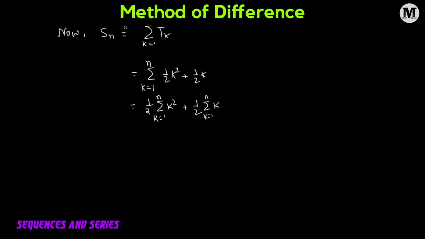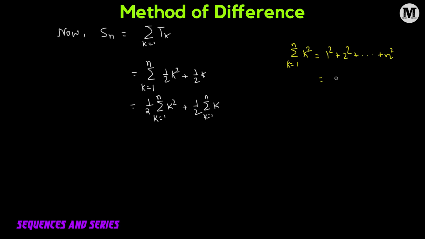Now these two sums, so we have summation of k squared with k going from 1 to n, this is simply the sum of the squares of the first n natural numbers. So 1 squared plus 2 squared all the way up to n squared.